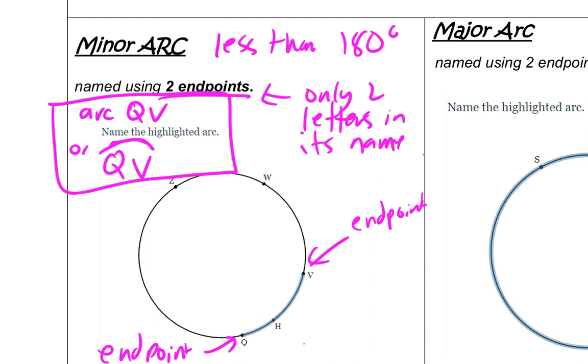That's what we name the highlighted arc, because we're only going to use two endpoints, which is only two letters. That's what's called a minor arc.